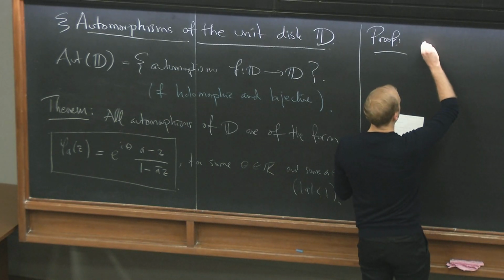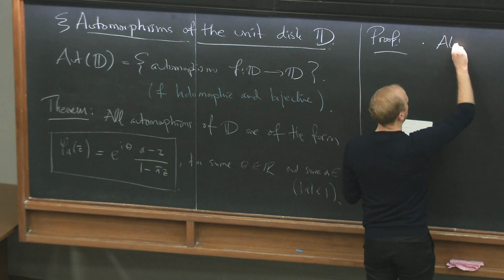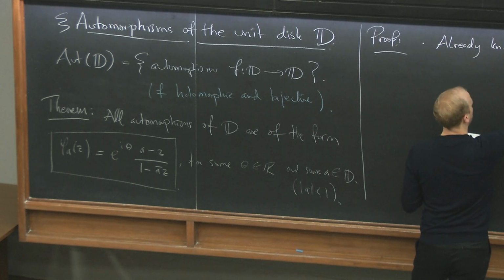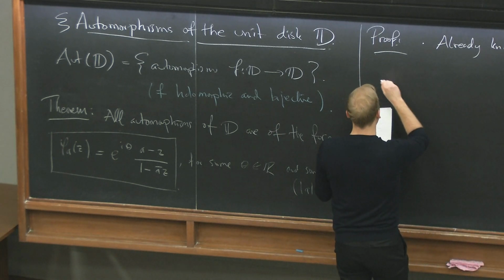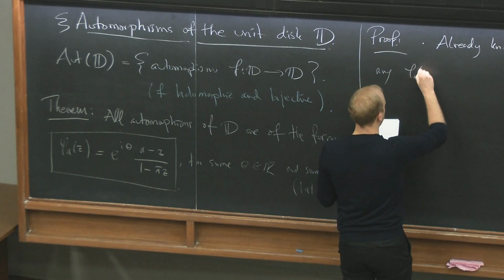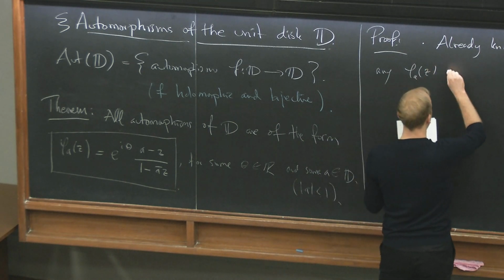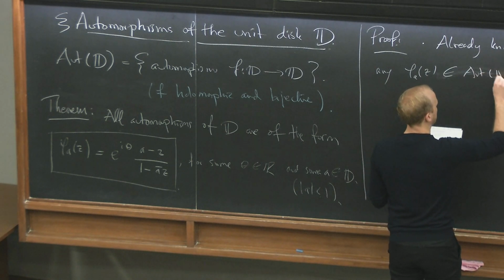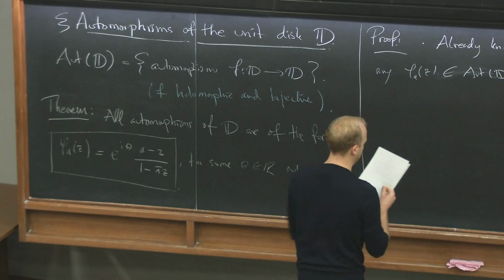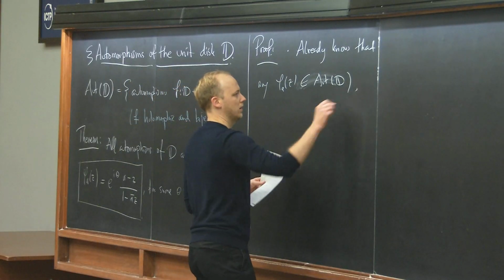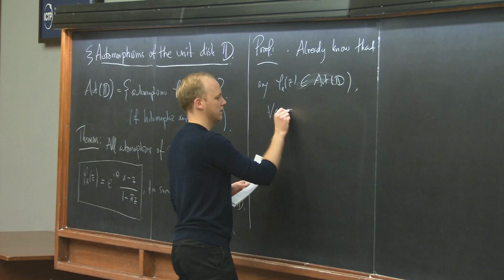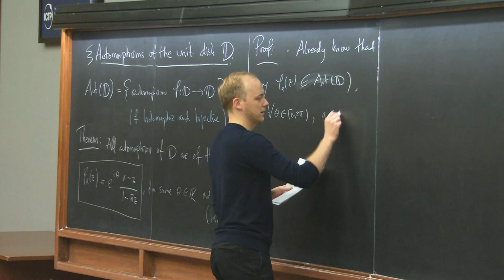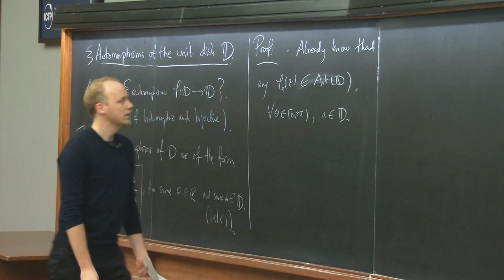First of all, we already know from last time that any such phi A of z is an automorphism, for any theta between 0 and 2 pi, if you want, and any complex number A inside the unit disk.